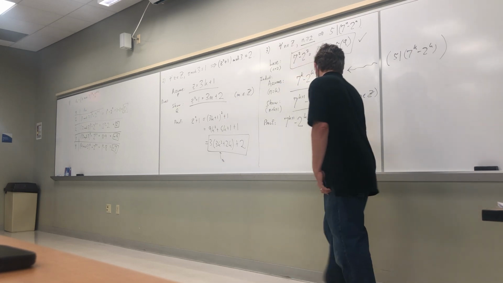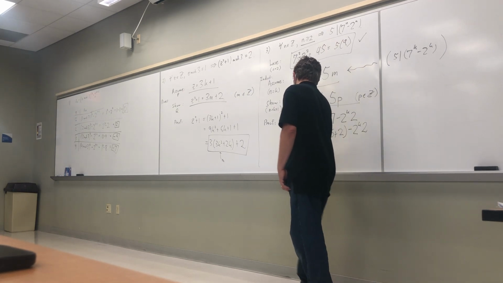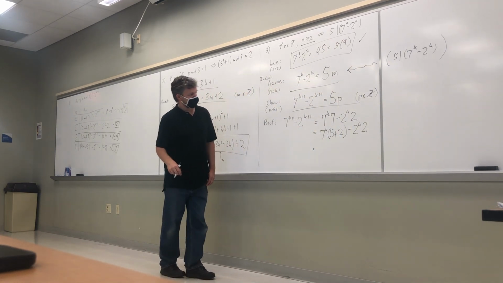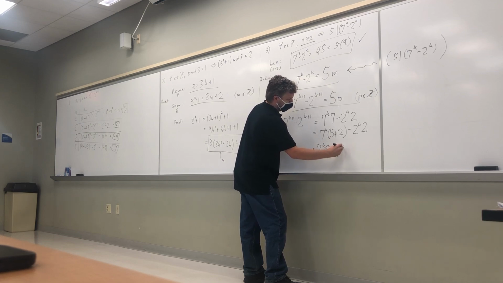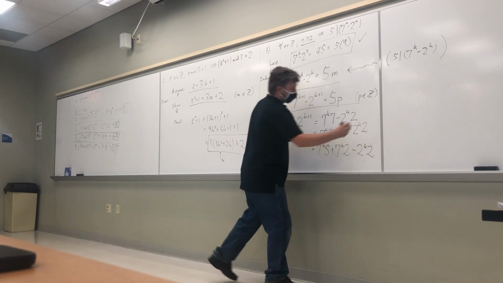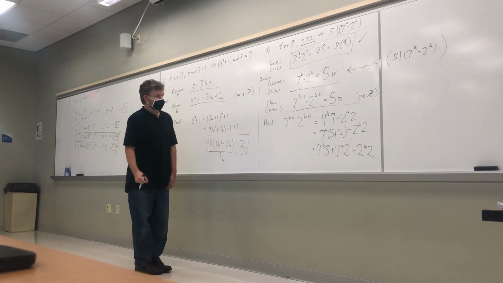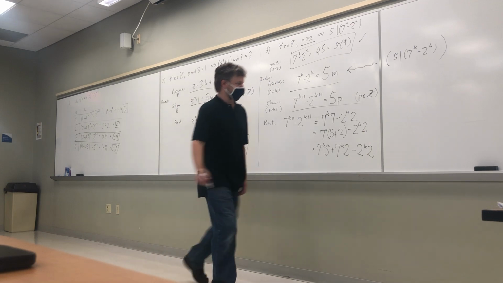Turn the 7 into 5 plus 2. Then multiply through. So 7 to the k times 5 plus 7 to the k times 2. And then factor the 2 out of the second 2 pieces.